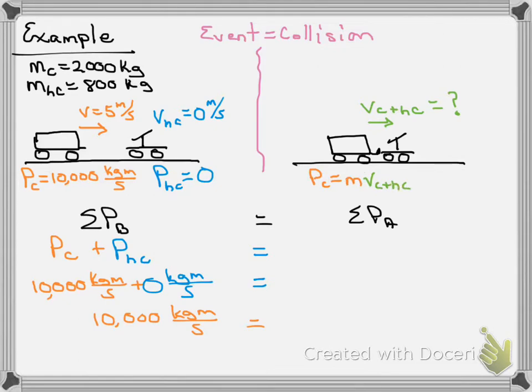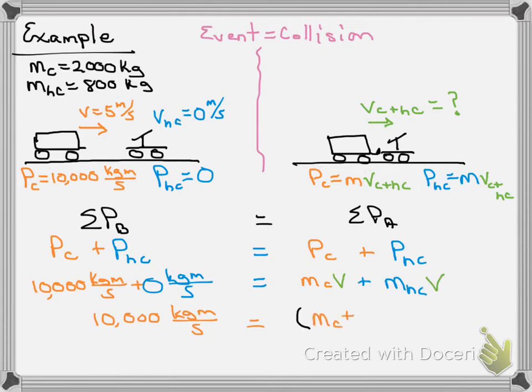and that's going to be the total momentum afterwards. Well, we have two things that are moving afterwards. We have the train car times the combined speed, and we have the hand cart times the combined speed. Since the speeds are the same, we can undistribute that.